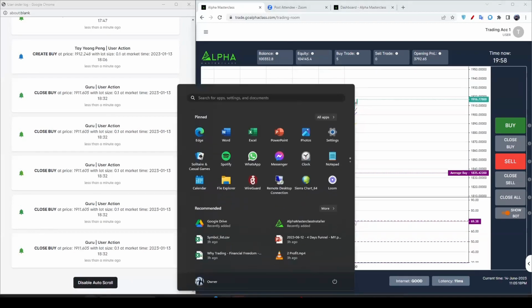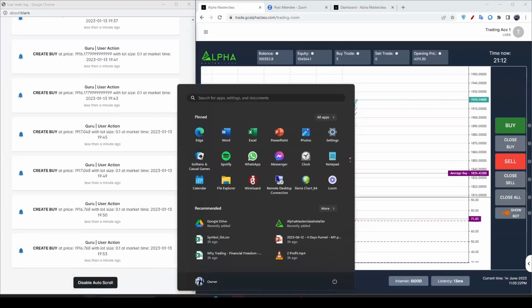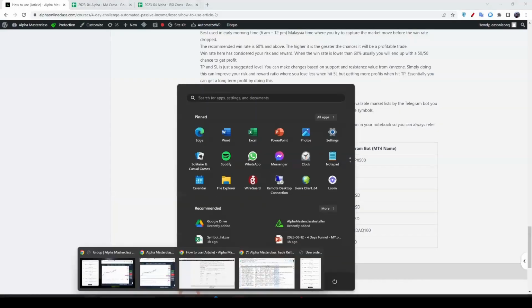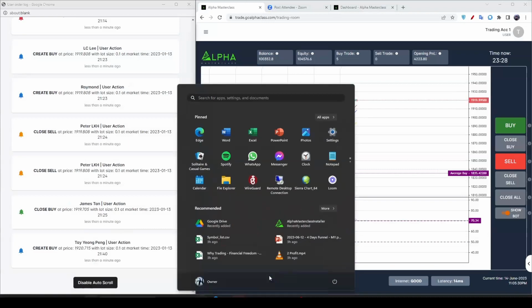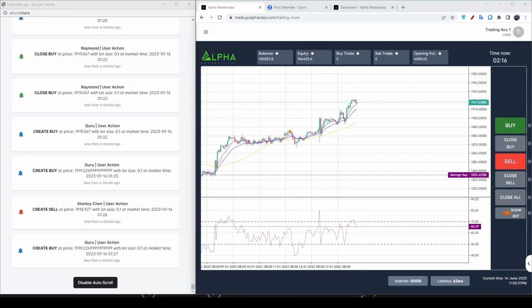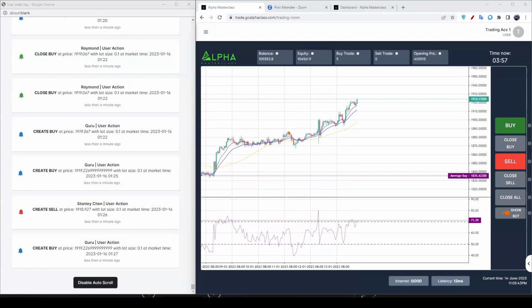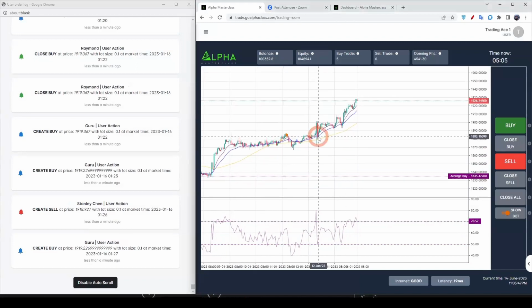Okay, so the next question is regarding how to minimize drawdown. Let's have a look. Swing failure and a historical resistance. This just now I should enter.